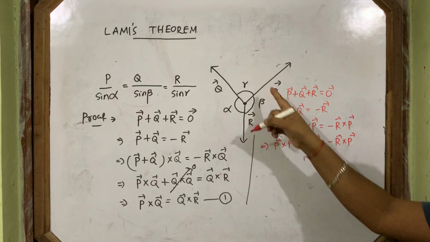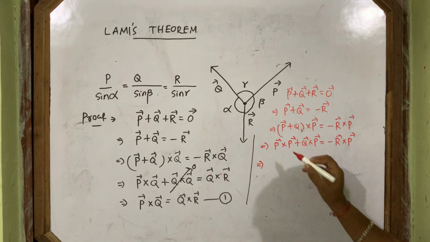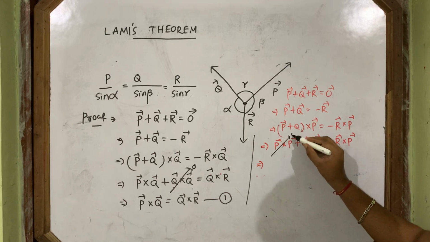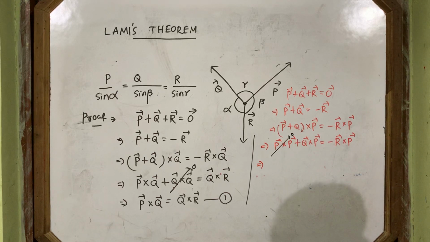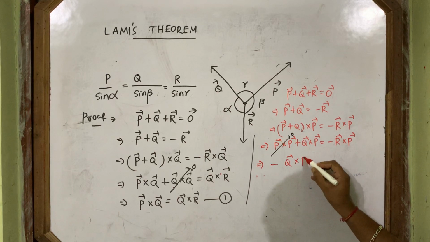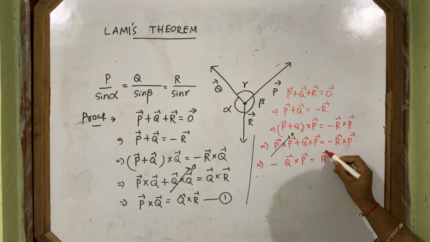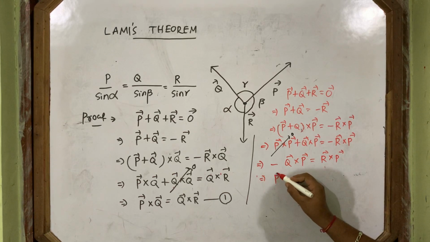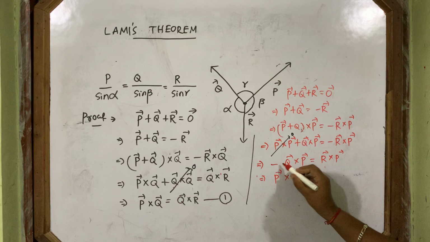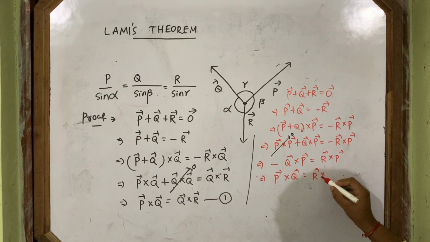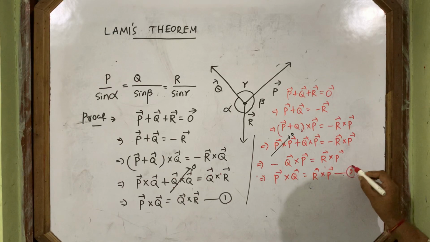After R, P comes. So P cross P is equal to 0, and it comes Q cross P. Take the minus sign to this side: Q cross P is equal to R cross P. As it is not in order, we can make it in order. If the minus sign is multiplied, the order changes. So this is equation number 2.